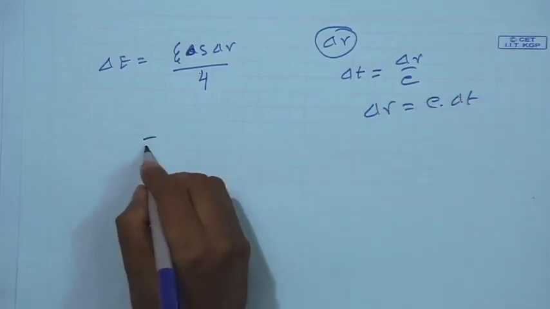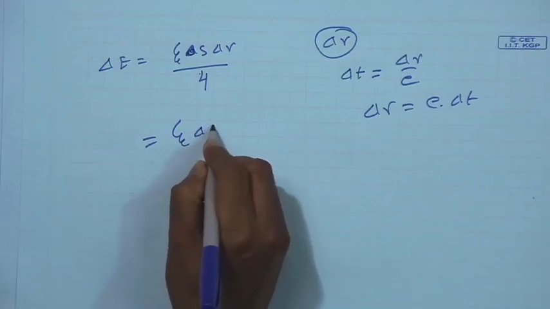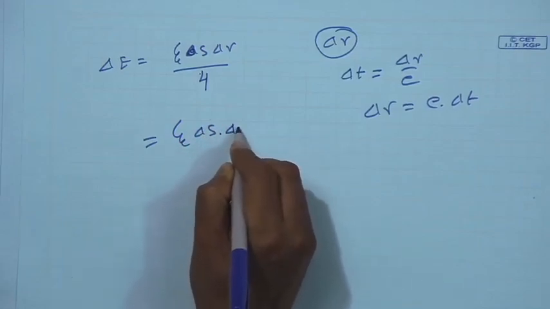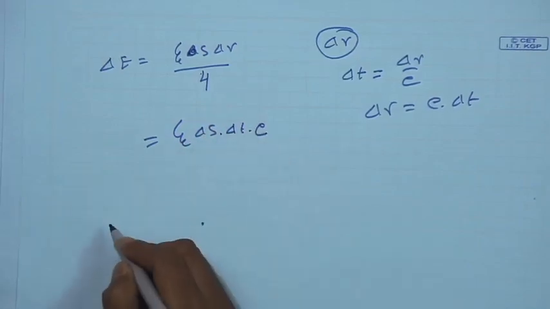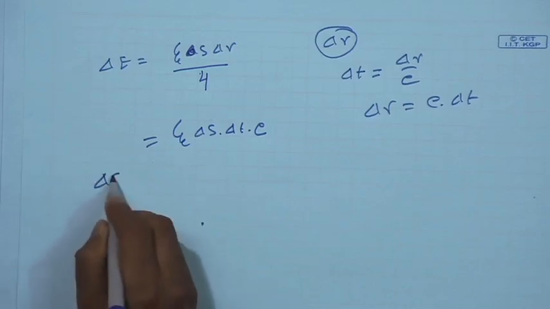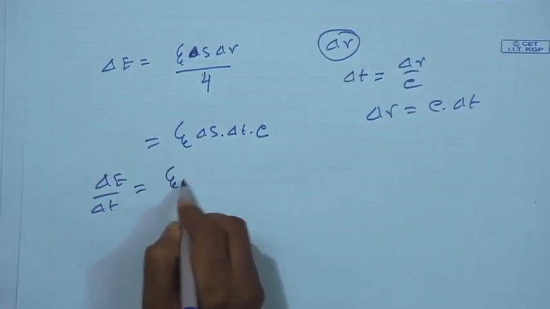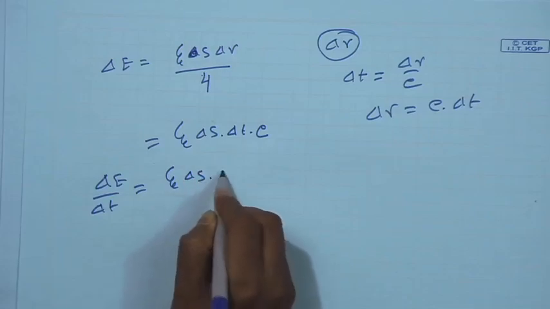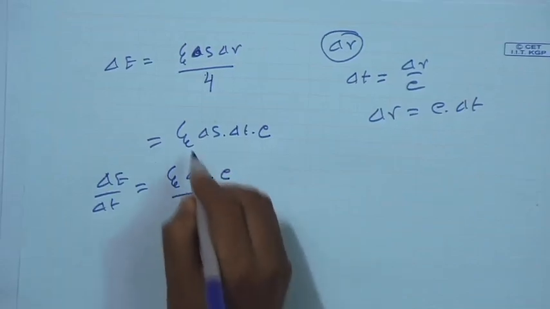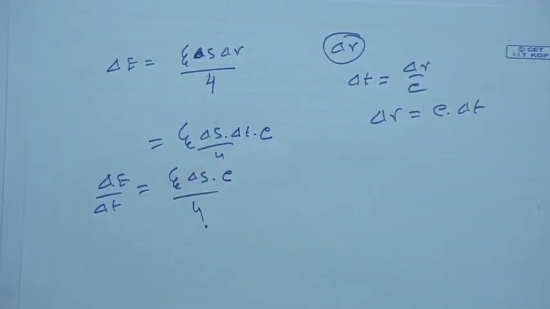So, I can say it is nothing but sigma del S into del t into c, or I can say del E by del t is nothing but sigma c del S divided by 4.